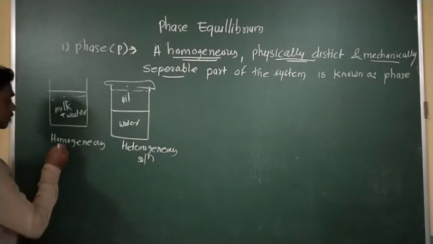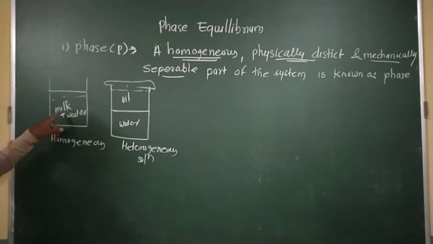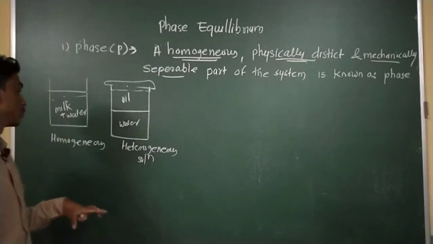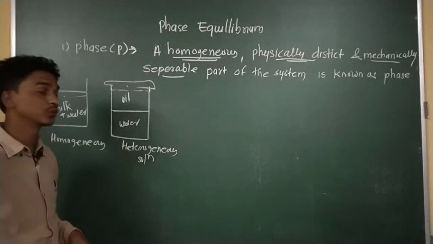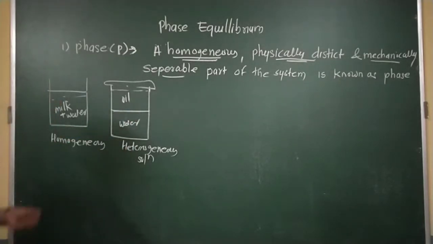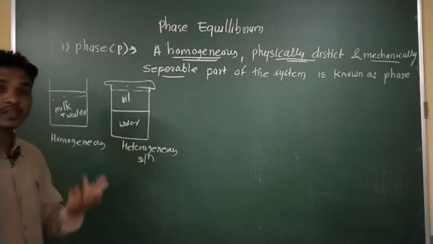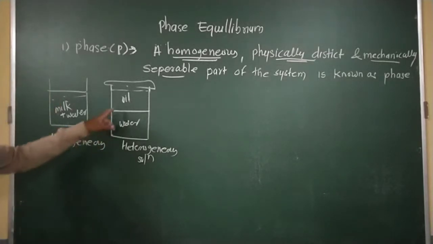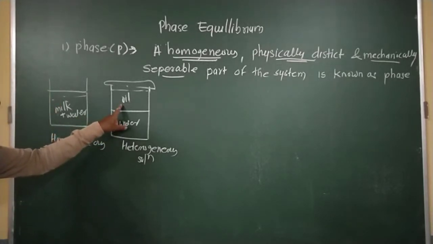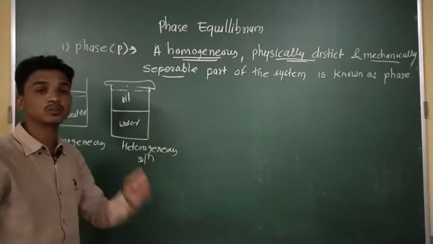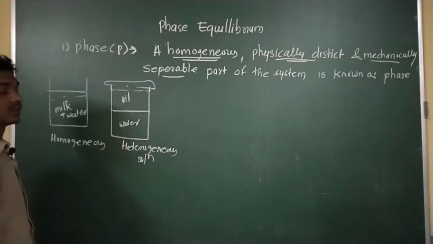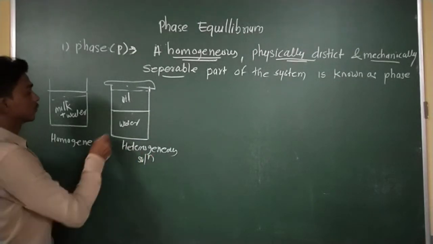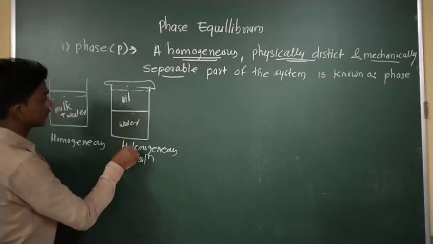Both are solutions, but milk and water form homogeneous solutions, and oil and water form heterogeneous solutions. What is the difference between these two? The milk is completely mixed with the water molecules, but in the heterogeneous solution, the oil molecules are not mixed with the water molecules.